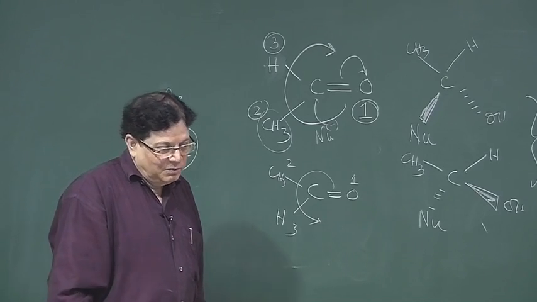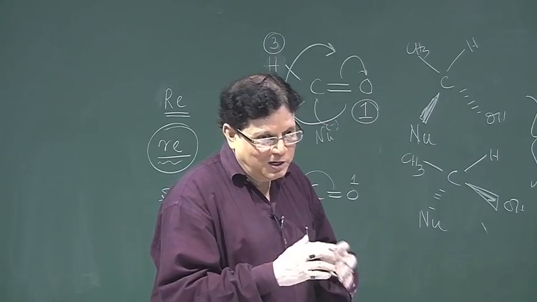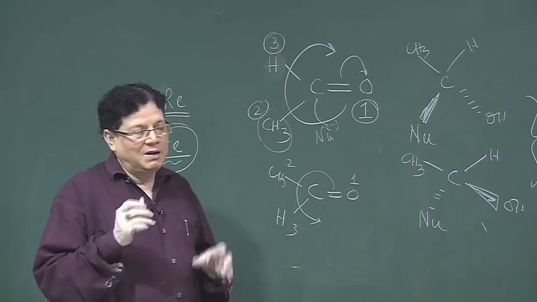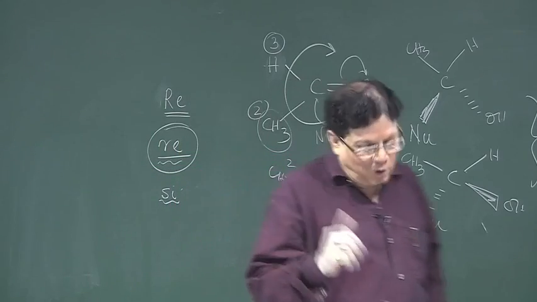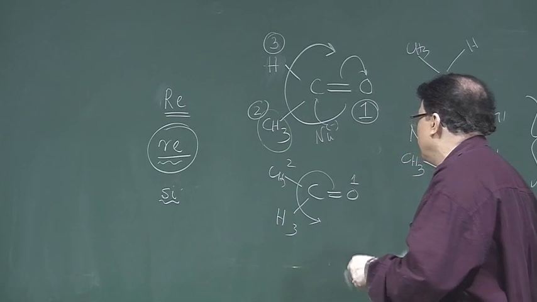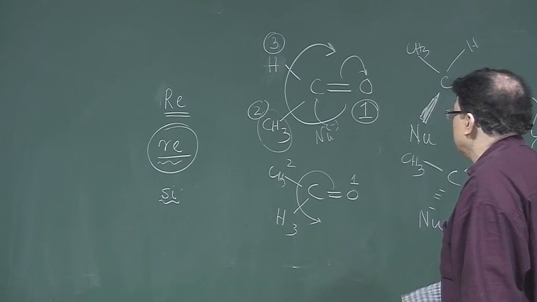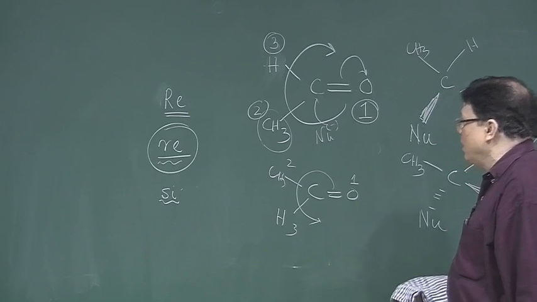So from now on the faces should not be called front or back. If you want to give stereochemical descriptors, you have to say Re and Si. That will be very important when we discuss reactions involving stereochemistry, where you generate a new chiral center.